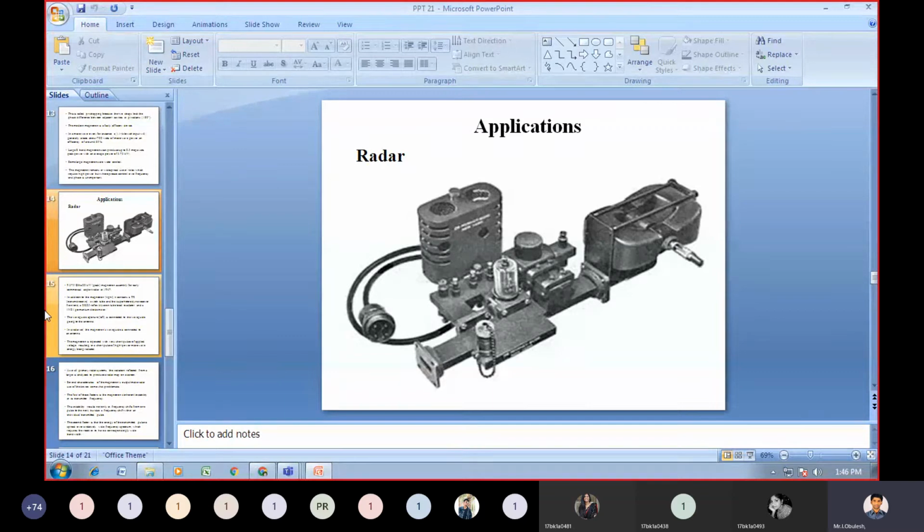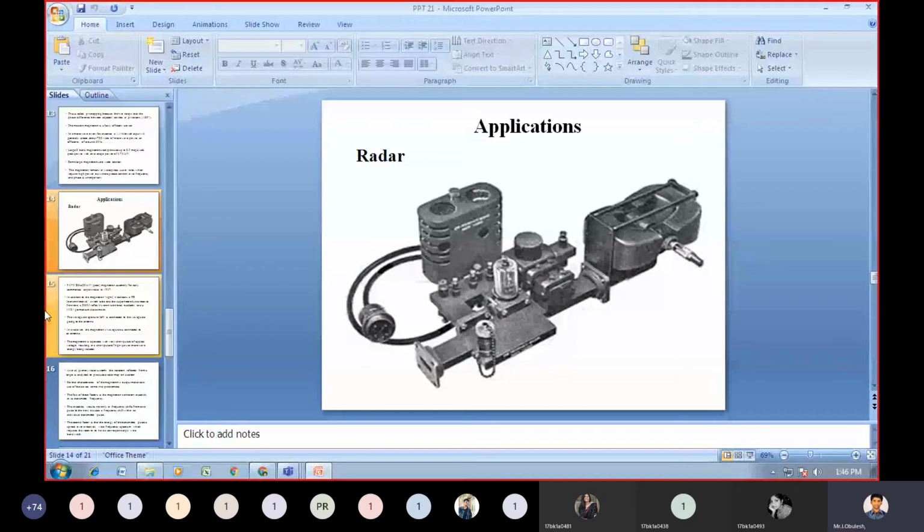You need to remember this from the AC subject. We have a 2K25 reflex klystron tube as local oscillator and a 1N21 germanium diode mixer.